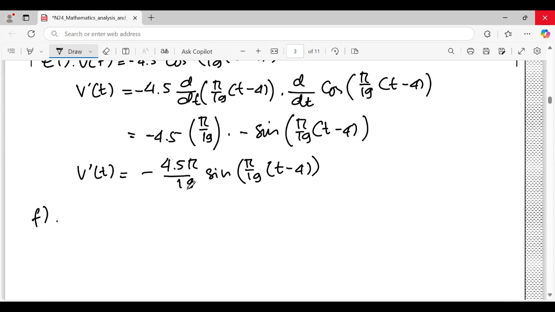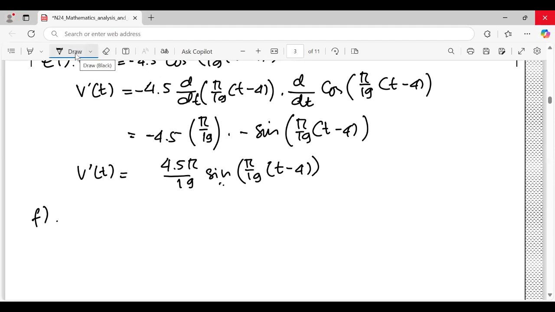It occurs when the value of sine is equal to positive 1. Oh, wait, this is supposed to be positive, because minus times minus. Right, let's continue.